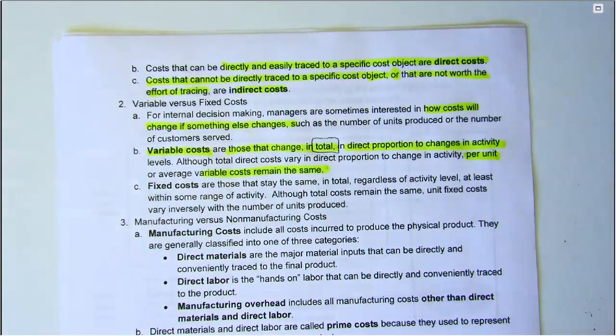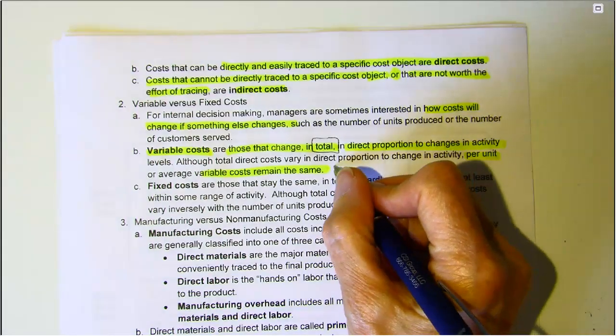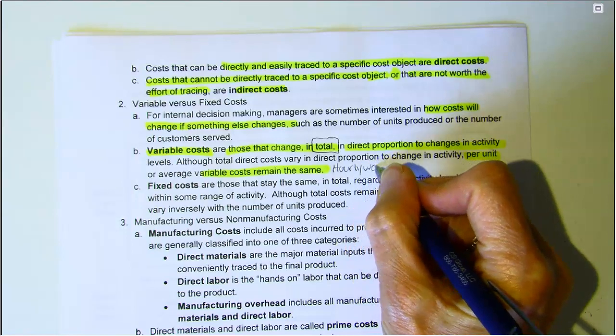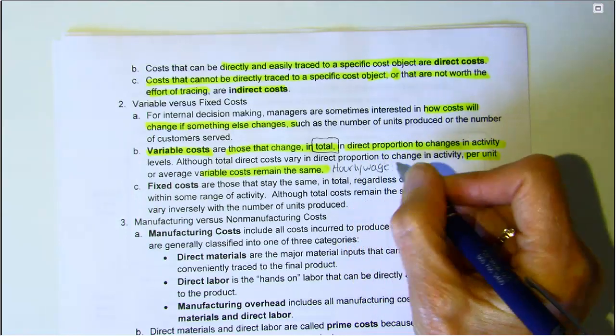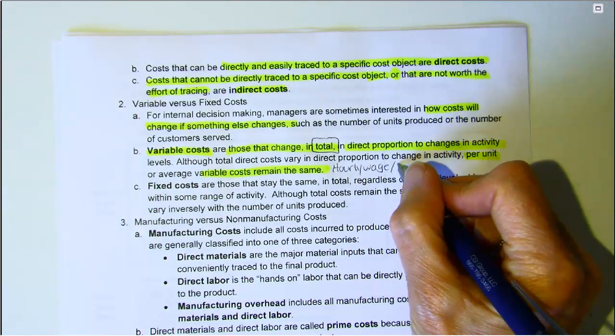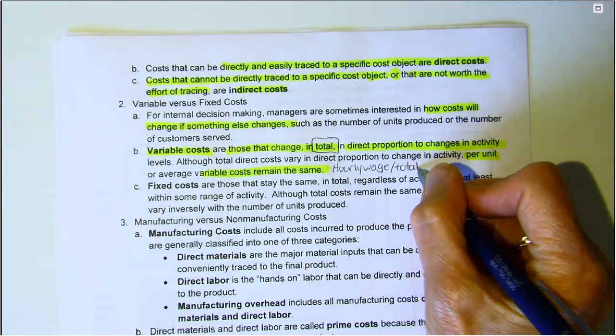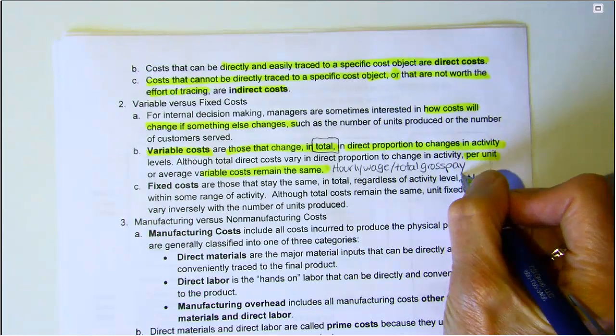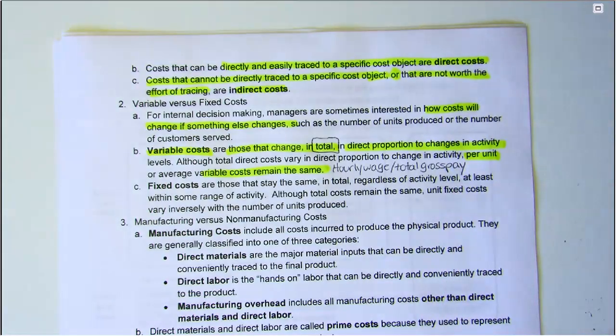And what you can think about there is, the example is the hourly wage versus your total gross pay. Most of us have had jobs where we're paid on an hourly basis, right? So let's say you're paid $12 an hour.